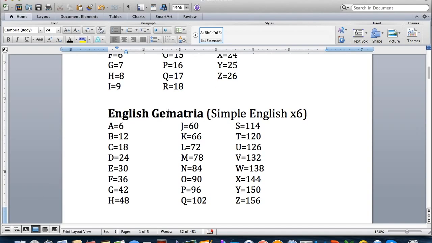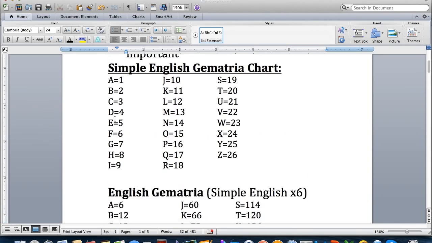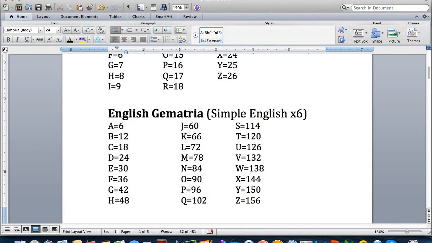So English gematria, almost the same name, just without the word simple. It's the same thing except you multiply every single letter times 6. So 1 times 6 is 6, 2 times 6 is 12, 3 times 6 is 18, and so on. By the end, 26 times 6 is 156. This is English gematria.